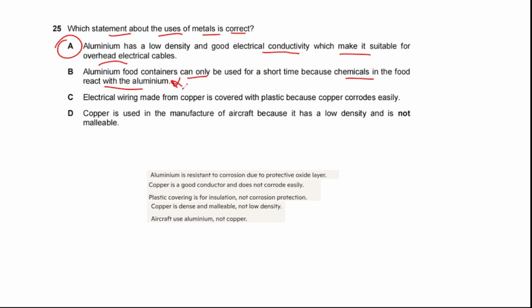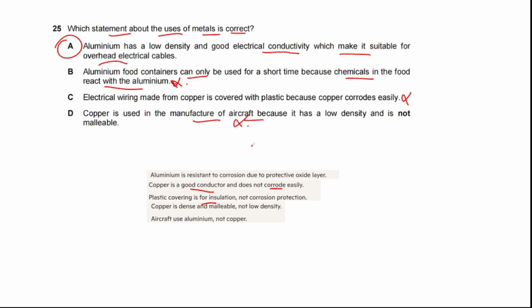So option B is wrong. Then electrical wiring made from copper is covered with plastic because copper corrodes easily. Definitely not. Copper is a very good conductor and it doesn't corrode easily, and the plastic covering is for insulation so that no one gets a shock. The option D is copper is used in the manufacture of aircraft.